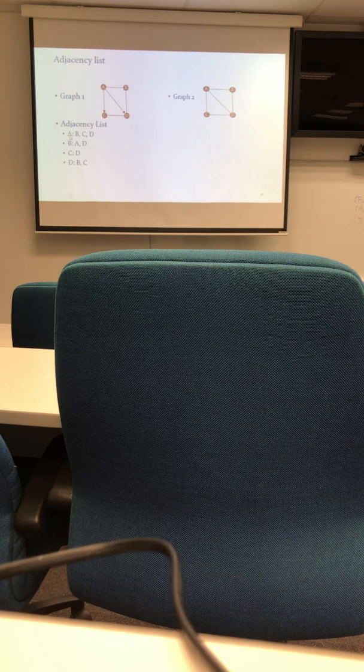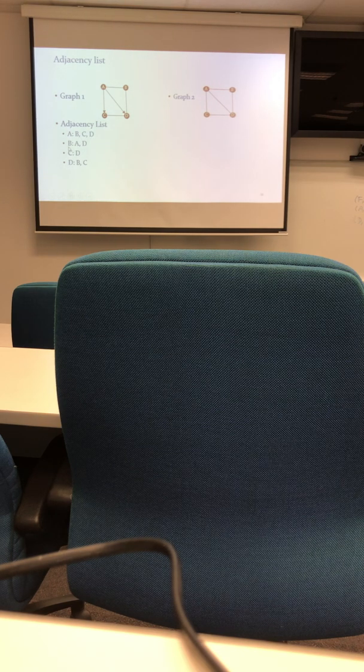Under A, you will keep all the vertices adjacent to A. You can go to B, you can go to C, you can go to D. So there are 3 vertices adjacent to A, that is B, C, and D. So for the list for vertex A, we keep these 3 vertices.